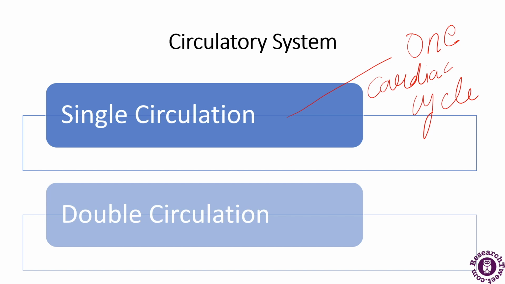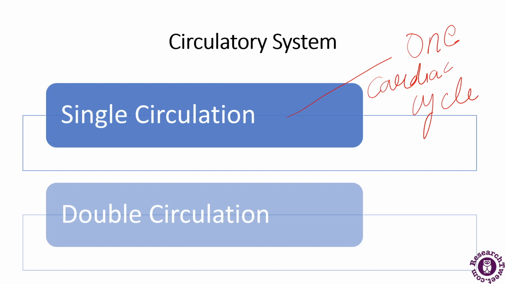So, what is double circulation? The heart is the key organ for blood circulation, and double circulation is an efficient way of circulation. The main difference is that the blood follows two routes.